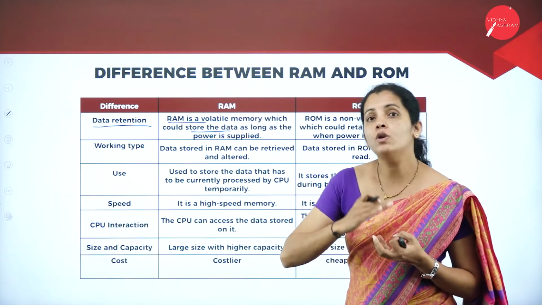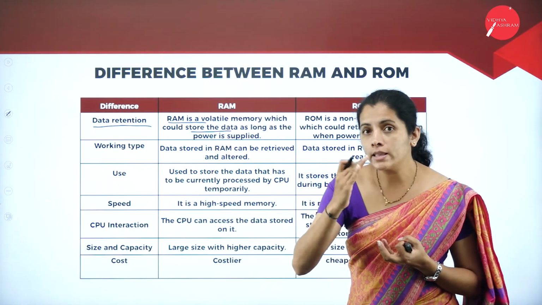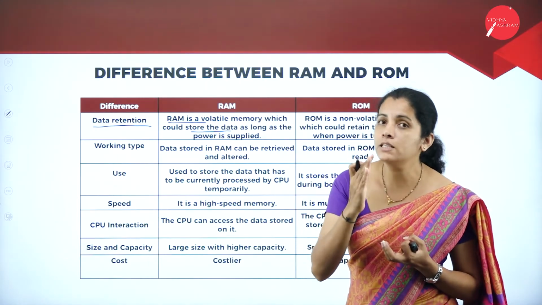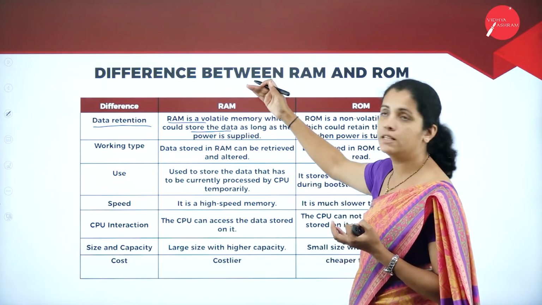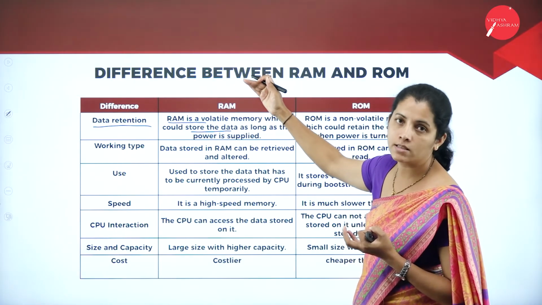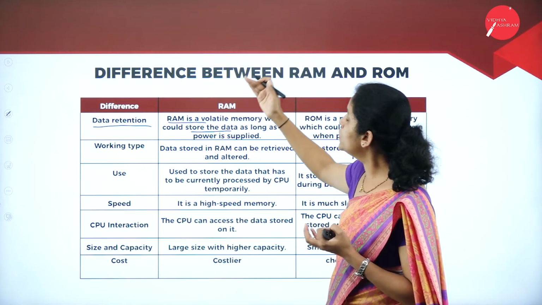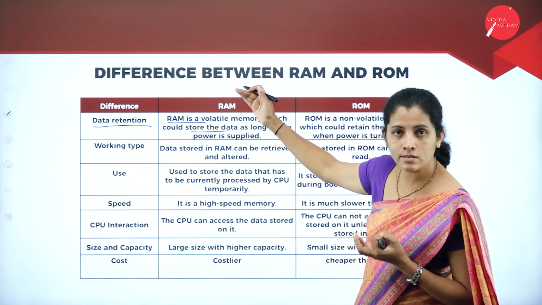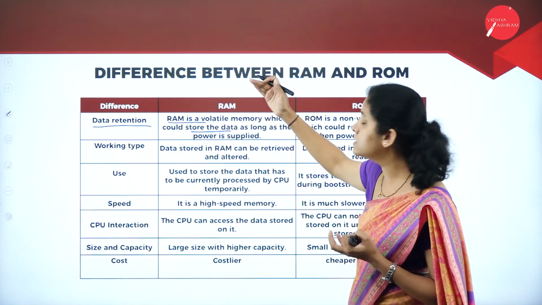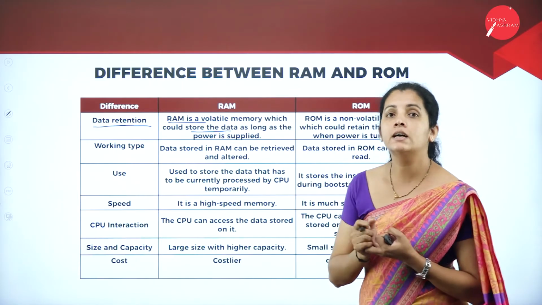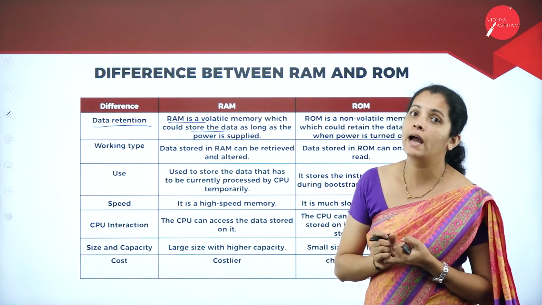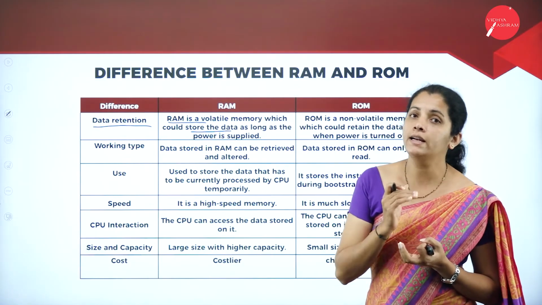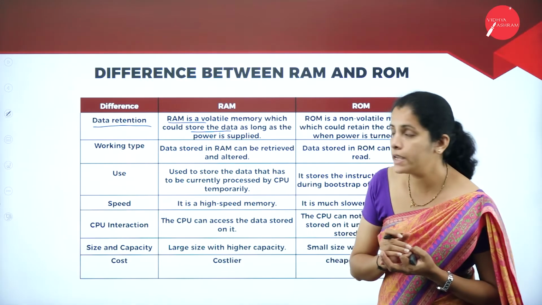That means when you turn off your computer system or when the power supply is off, the content stored in the random access memory gets lost or erased.